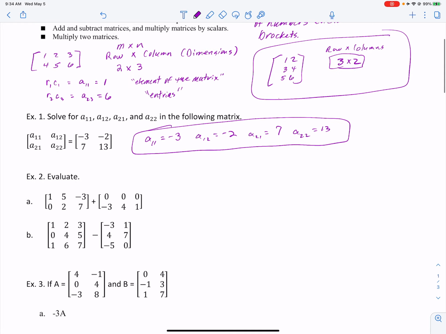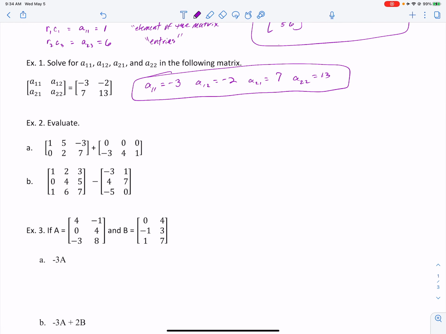So then you're going to be asked to evaluate matrices. And so you're going to add and subtract to start. And when you do that, you're going to add corresponding entries, meaning numbers that are in the same position.